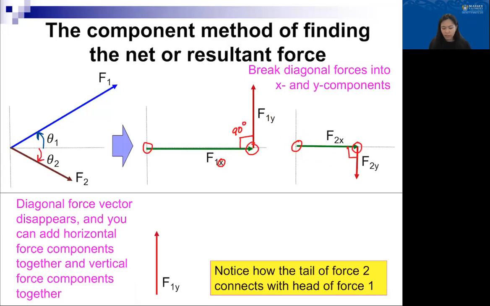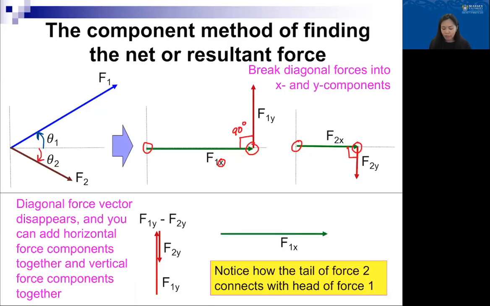The vertical component for force F1 is going upwards, and the vertical component for force F2 is going downwards. They're in opposite directions, so you subtract the two vectors, and then you get the net force along the vertical.